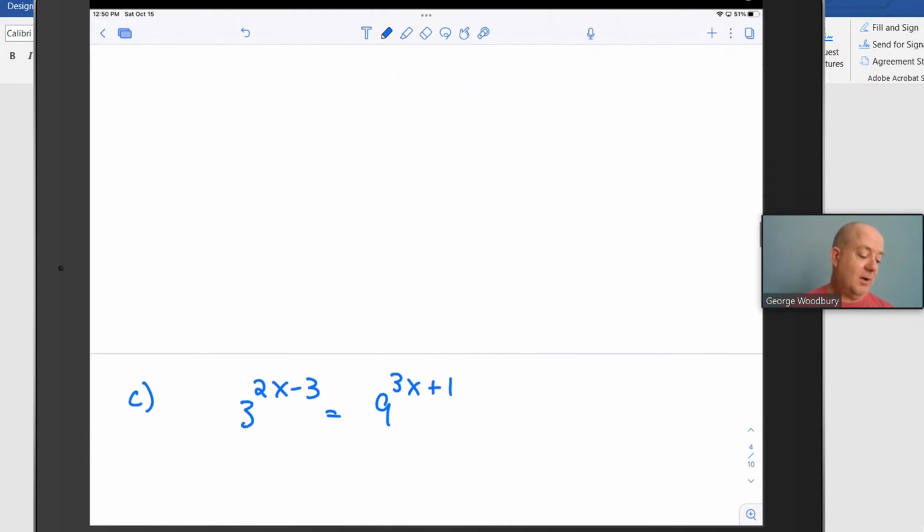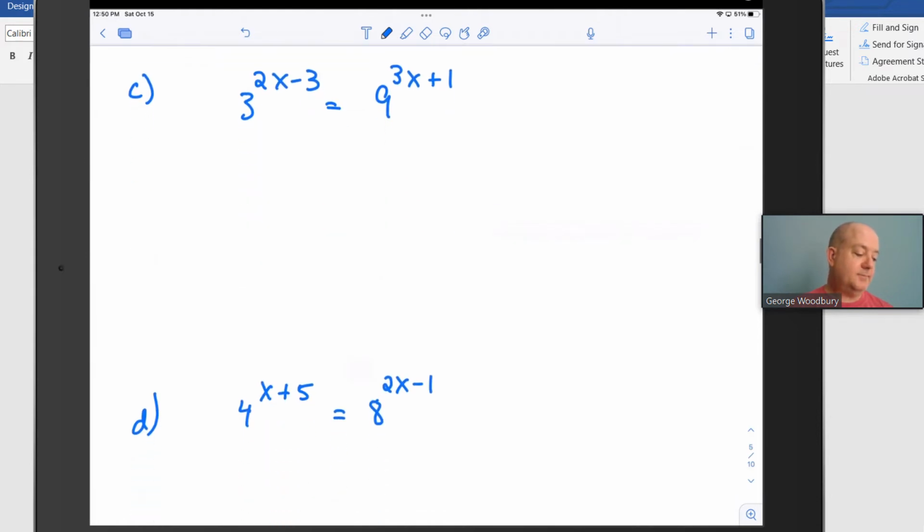Now, the next two examples don't go quite so smoothly. The next one does, the last one does not. We know that 9 is 3 to the second power. So here, I can leave the left side alone. 3 to the 2x minus 3 power equals 3 squared to the 3x plus 1 power.